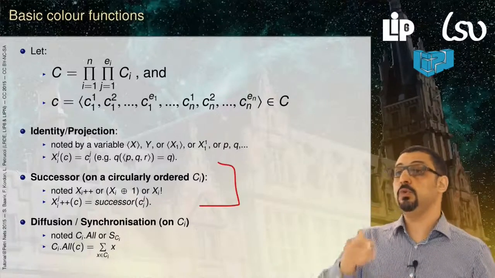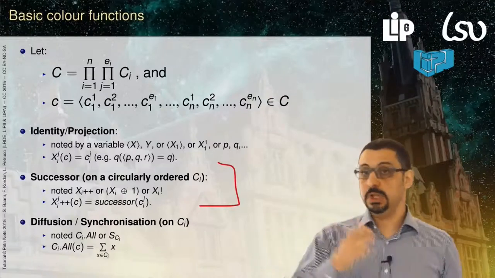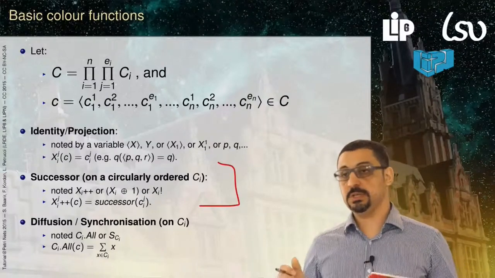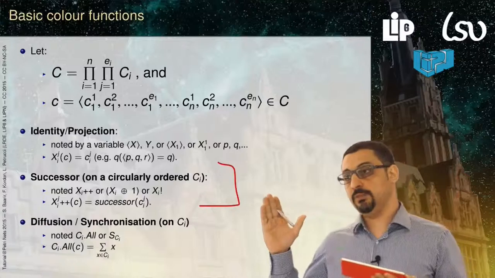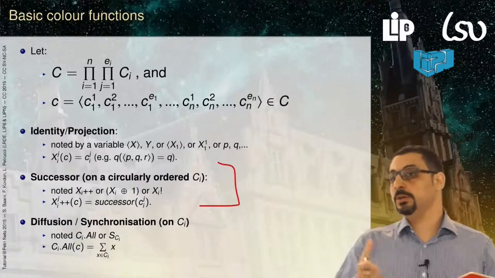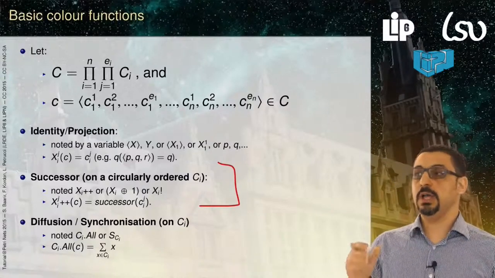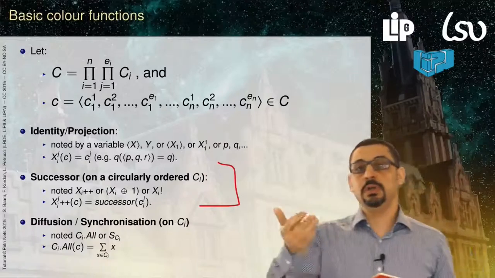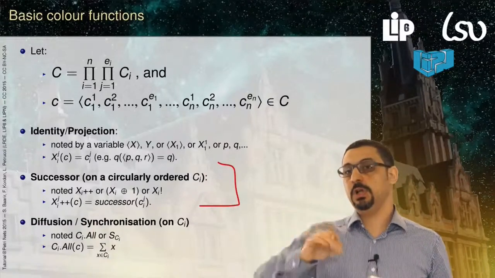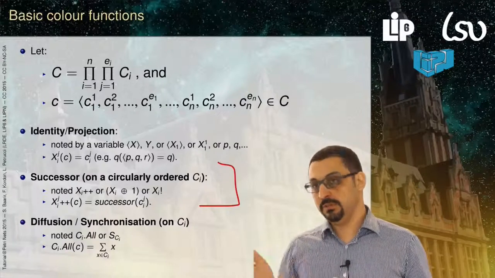successor function. When you have a certain notion of order on the classes, because, as you can see in the examples later on, we have to manipulate ordered classes and unordered classes. The unordered classes, what we have seen till now, and to the ordered class we associate the notion of order in the enumeration of the definition of the class.